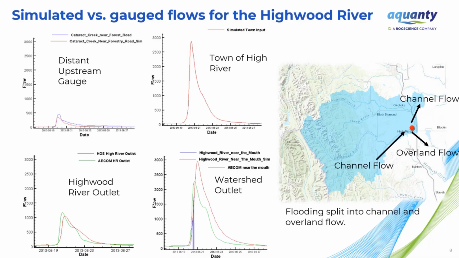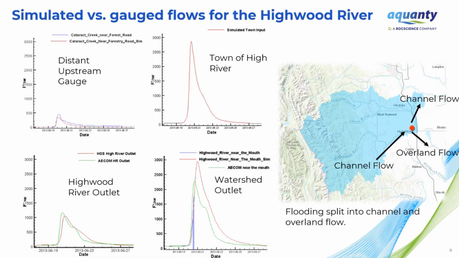What's important to point out here is that we didn't do any bespoke model calibration for this. It was a demonstration model, and it wasn't deemed necessary to do calibration. There is no gauge in the town itself, so that's strictly a modeled input there.